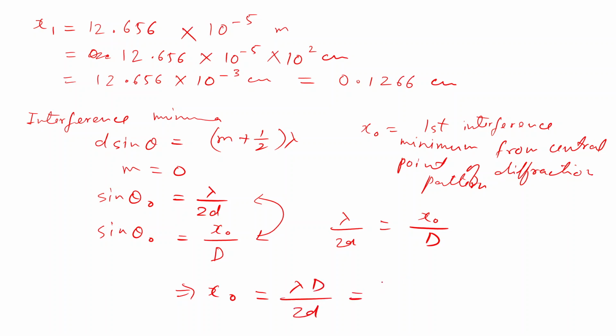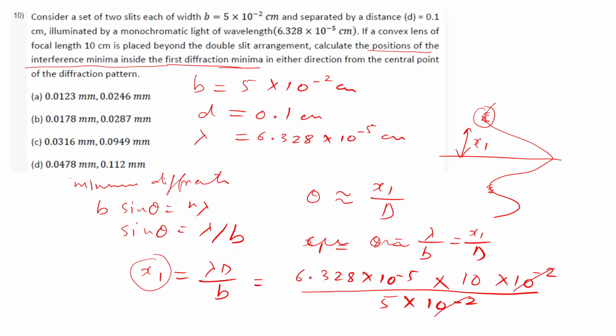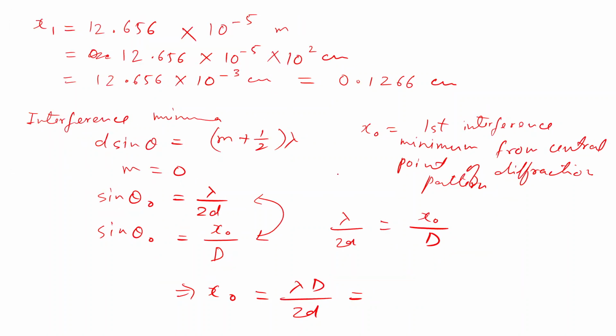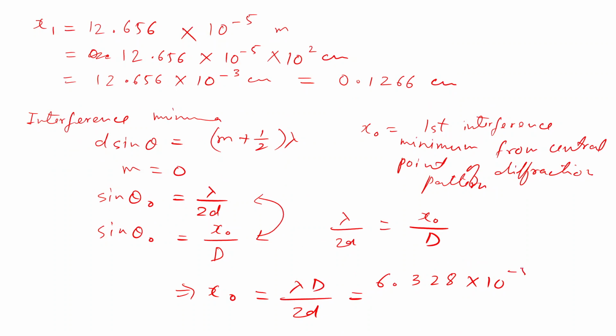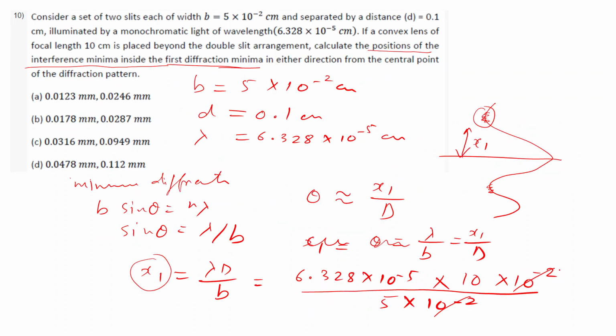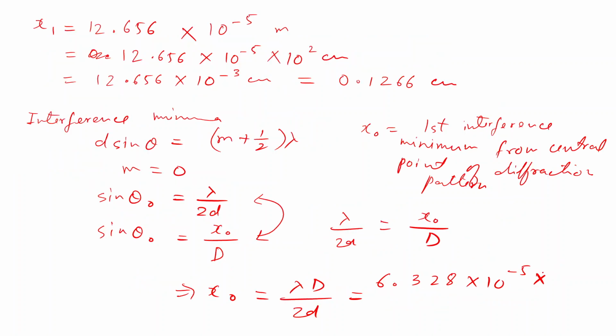Again, the lambda here is 6.328 times 10 to the power minus 5. Capital D is 10 centimeter.